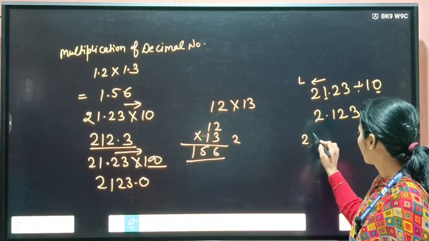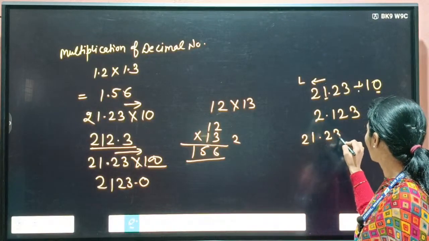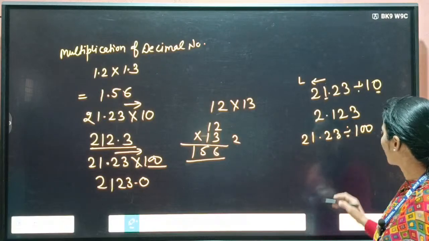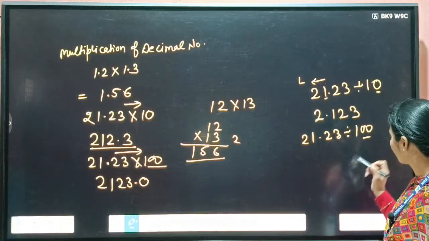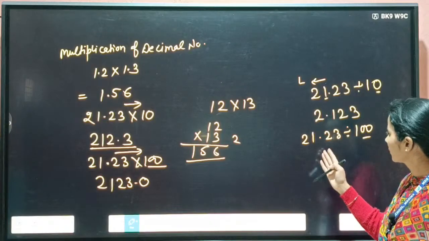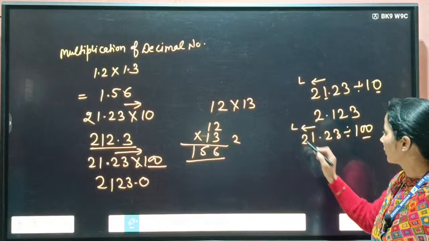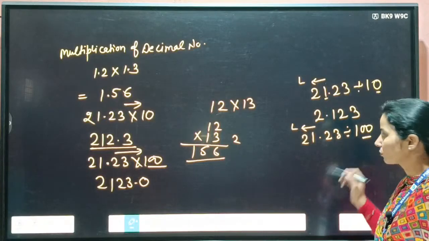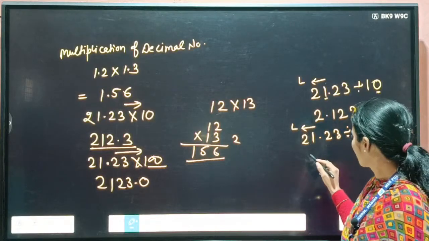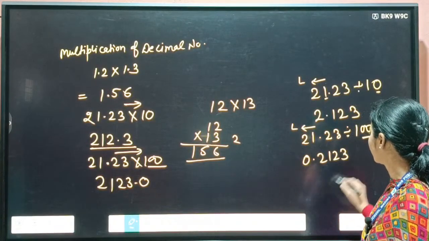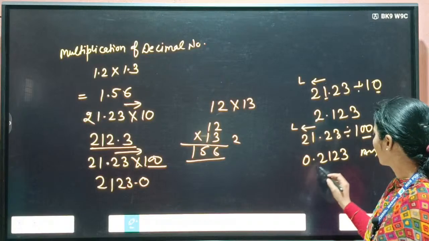And if the same number I have to divide by 100, then the decimal will shift 2 digits towards the left, because 2 zeros are there. So you will write 0.2123 in this way.